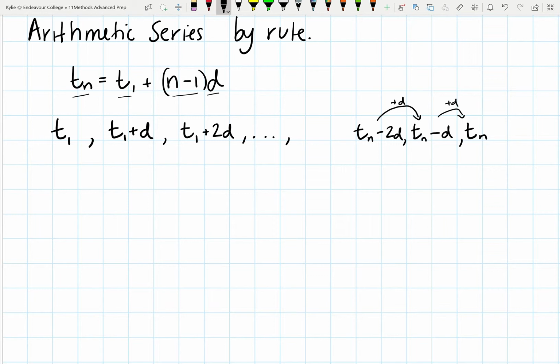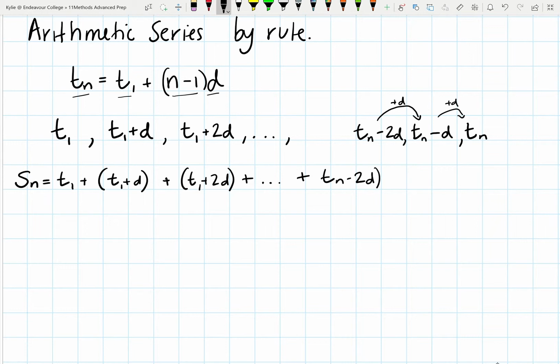So we can use these general versions of the terms of a sequence to work out the rule for the sum. So using our rule, the sum to n terms is going to be T1, plus T1 plus d, our second term, plus T1 plus 2d, our third term, plus all of the terms in between, plus Tn minus 2d, which is our third last term, plus Tn minus d, our second last term, plus our last term, Tn.